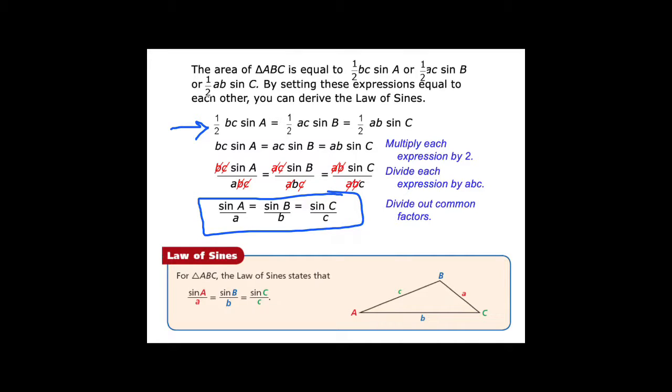At the bottom of the table, that would be good to write down for your notes or print off: sine of A over a equals sine of B over b, equals sine of C over c. And remember, your uppercase letters are your angles and your lowercase letters are your sides.